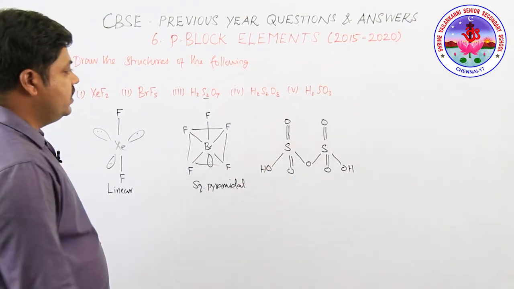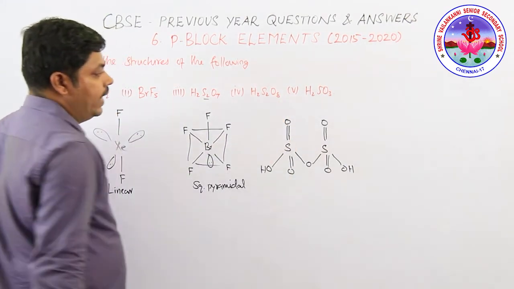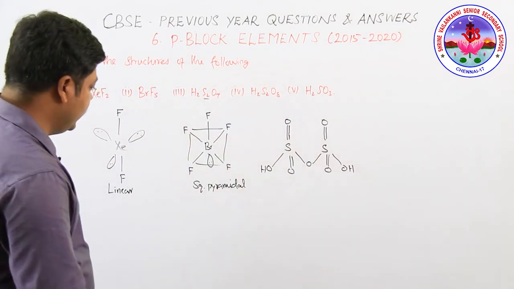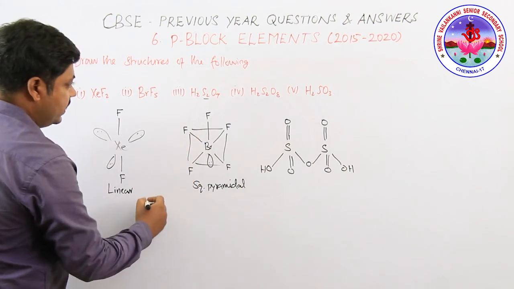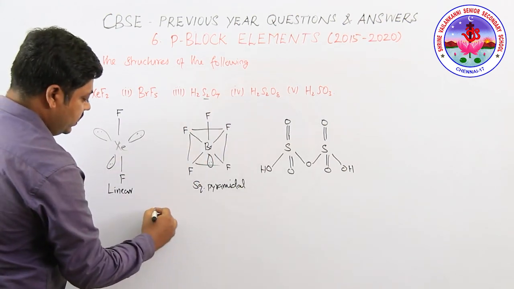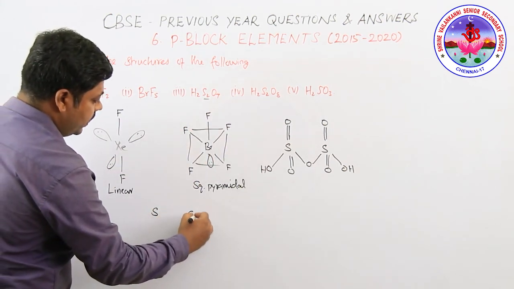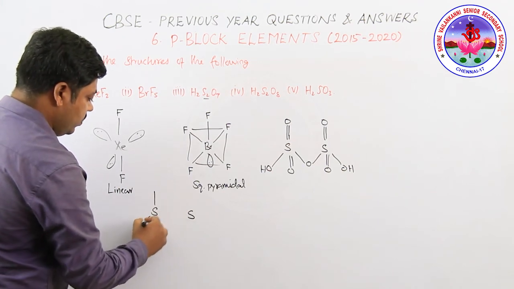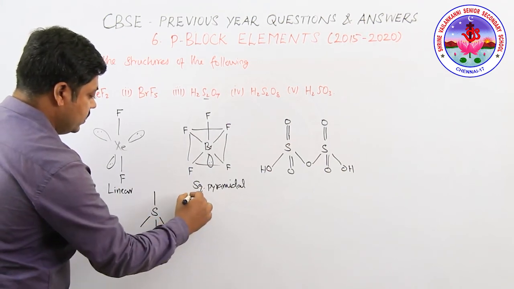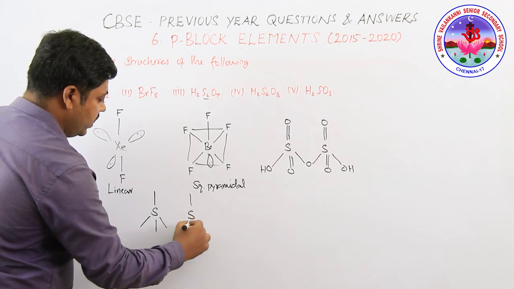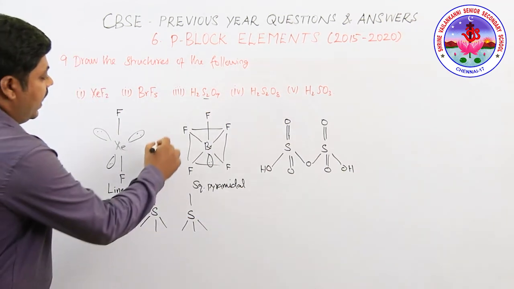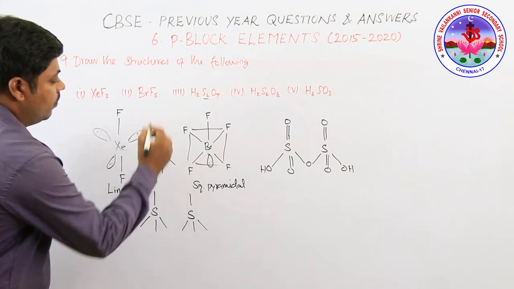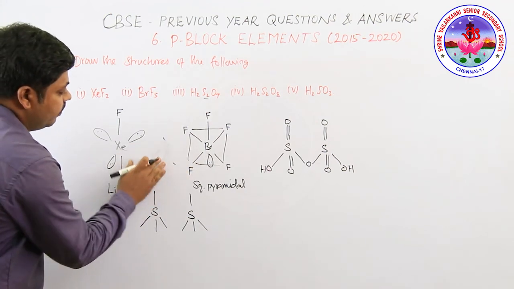Then H2S2O8. Simply write the structure in a similar way like this, just like an arrow mark, so that the central atom is in between.